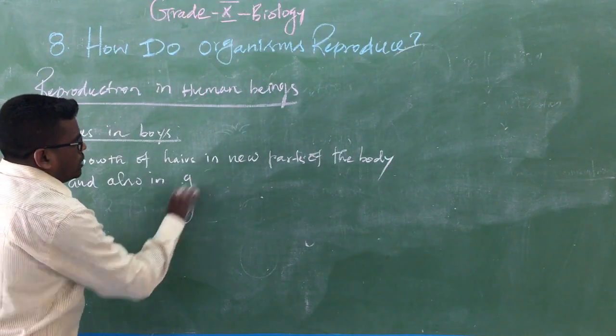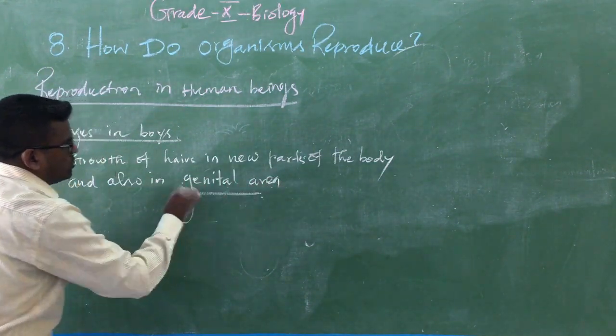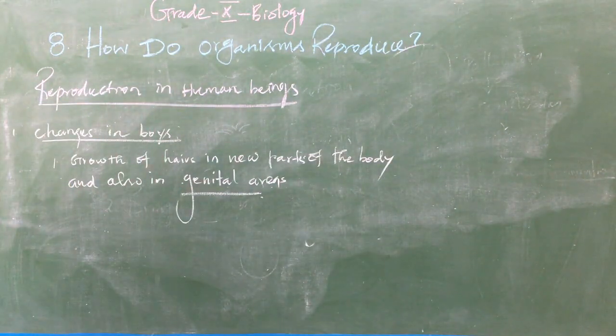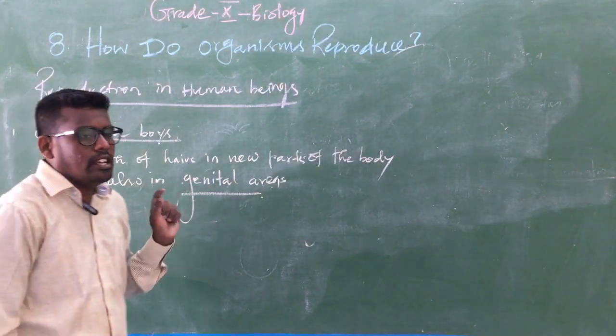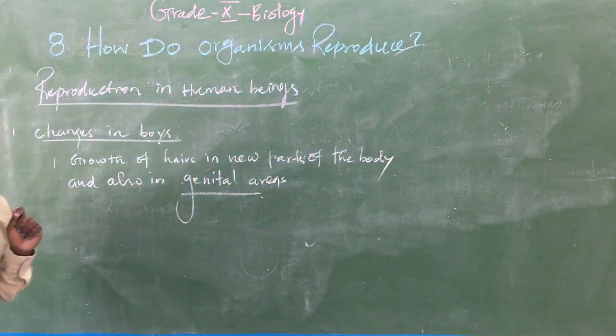What is the genital area? The personal place between the thighs is called the genital area. There, dark colored hairs grow.